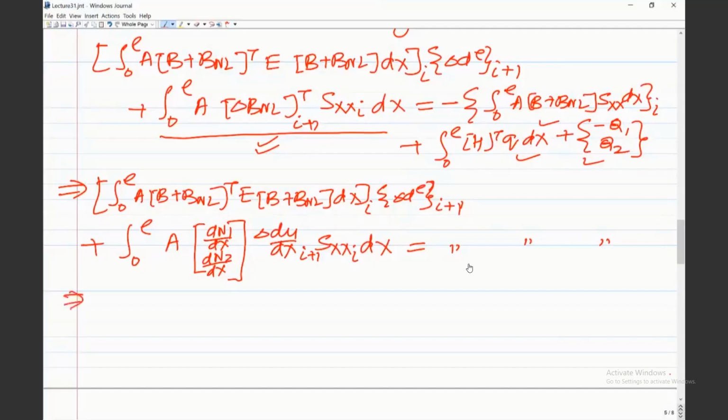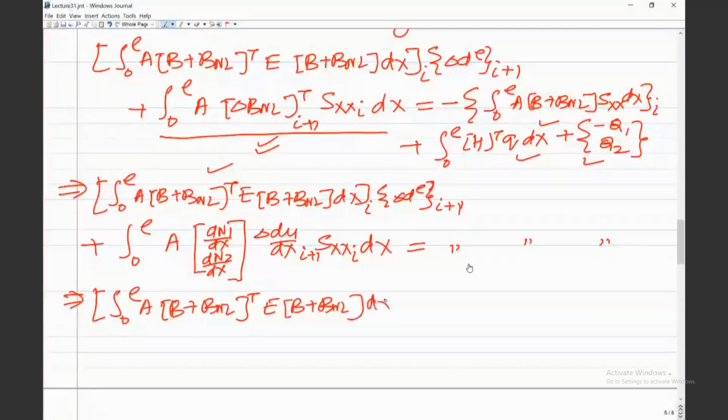Now finally we can write this delta of du by dx as dN1 by dx, dN2 by dx into delta d, and delta d we can take as a common term. So we will finally have, let me just write that. First term as it is: integration 0 to L (A B plus BNL) transpose into E into (B plus BNL) dx, which we have already defined, and this whole thing is evaluated at the previous iteration, delta d at i plus 1.